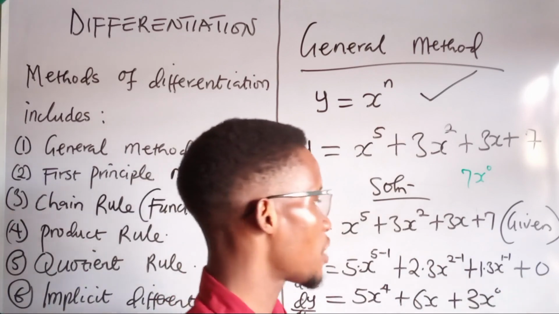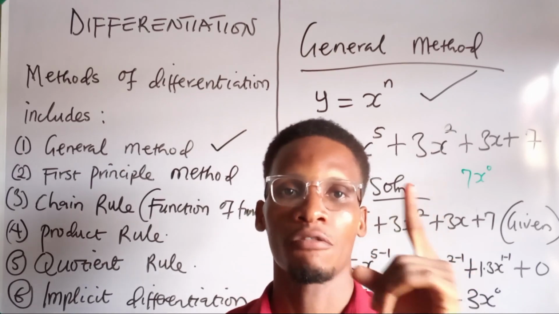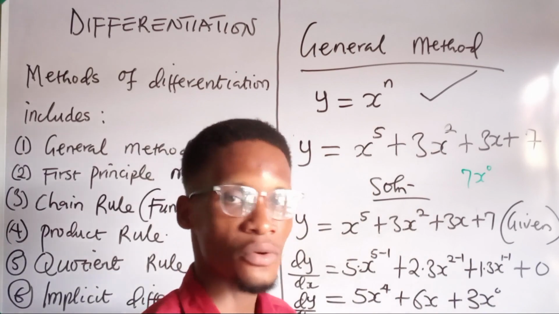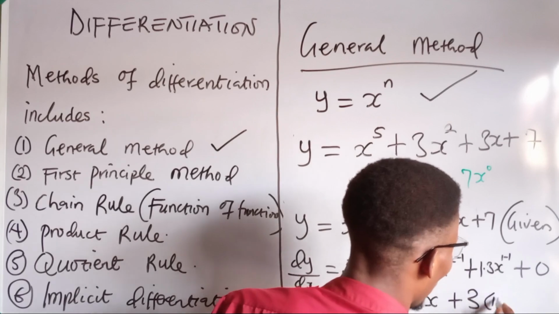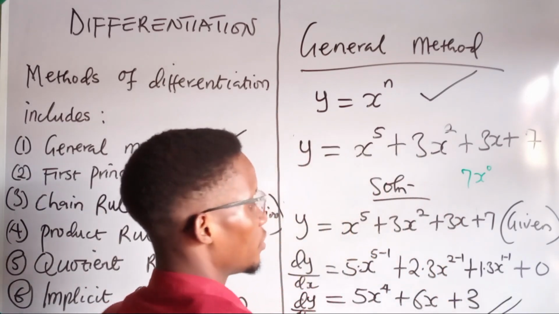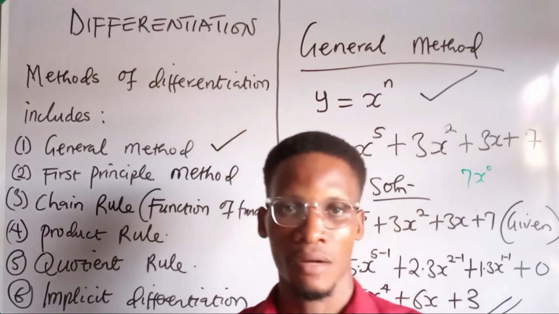Then plus 0. Remember, any number raised to a power of 0 is the same as 1. So having x raised to the power of 0 is simply multiplying 3 by 1, which is 3. And this is the differential form.